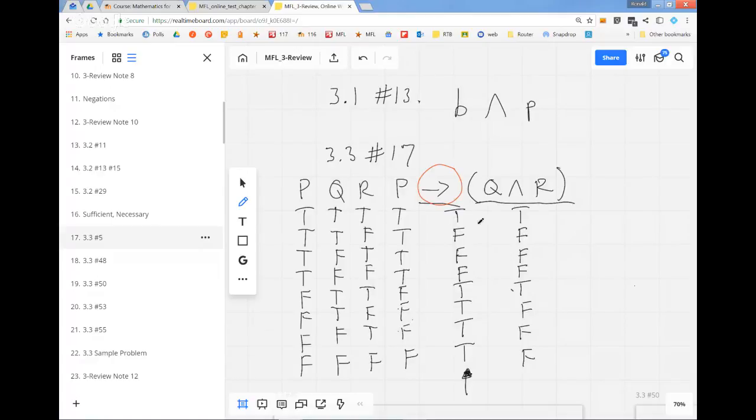Oh yeah, this is the first part. Awesome. And how do you show that two statements are equivalent? You show that their truth tables have the same final answer. Got it. Perfect.